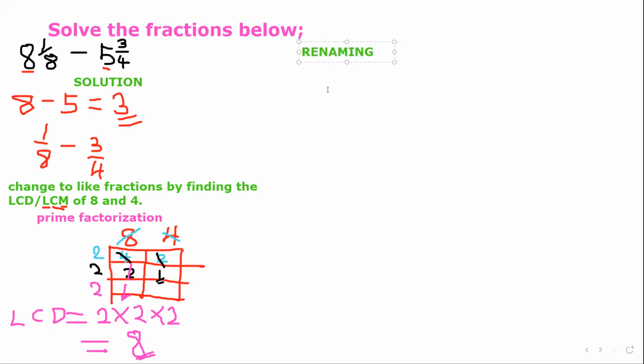Denominator here. Okay, good. Now looking at this one, when you take the first one, it is 1 over 8. You're going to make sure that the denominator will be what? Will be 8.